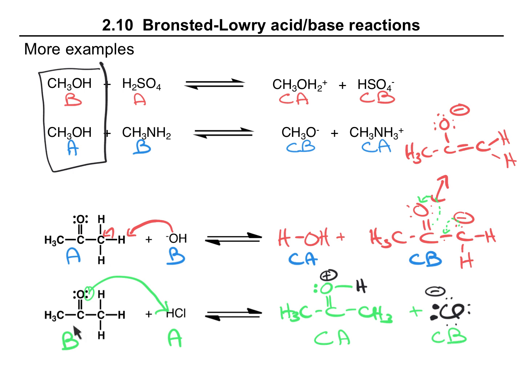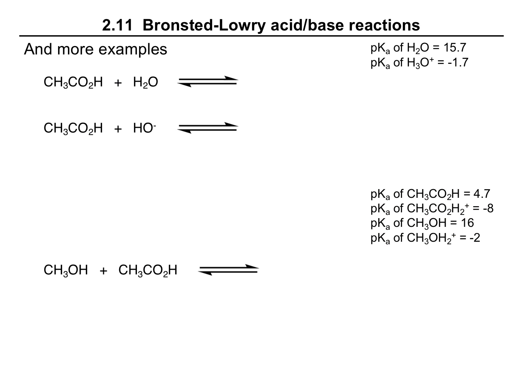So we need to watch out for species such as methanol, such as acetone, that could potentially act as either acids or bases, depending on what they react with. Here we have a few more examples, and we have acetic acid, and notice it's written a little bit differently, CH3CO2H, but we're still talking about C double bond O, and then this C is connected to the O, which is connected to the H.